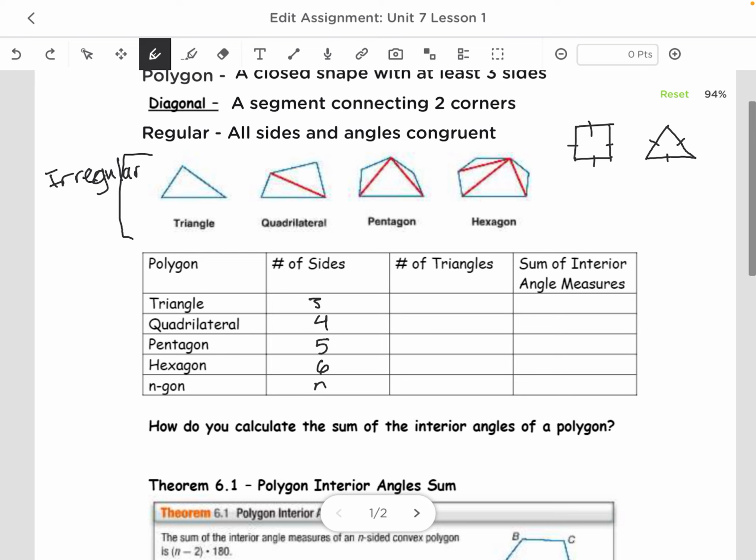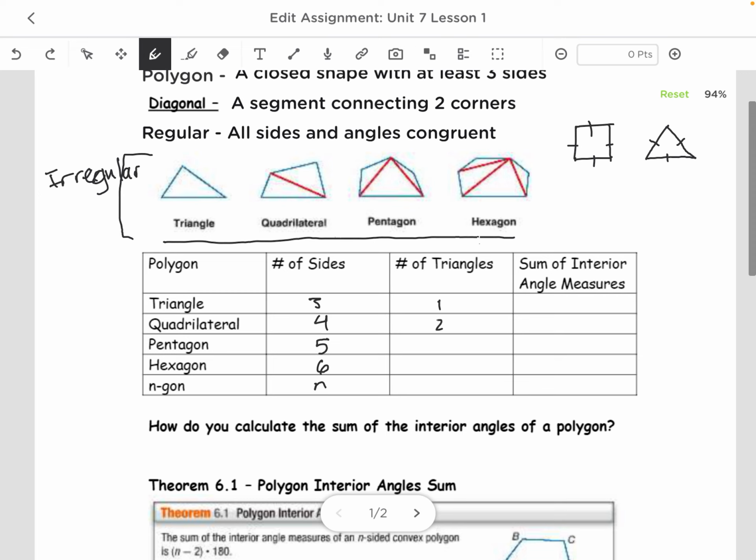It's some hypothetical shape. Okay, so if you look here at our pictures, you'll see that a triangle has 1 triangle in it. Pretty straightforward. A quadrilateral, based on my diagonals, has 2 triangles in it.